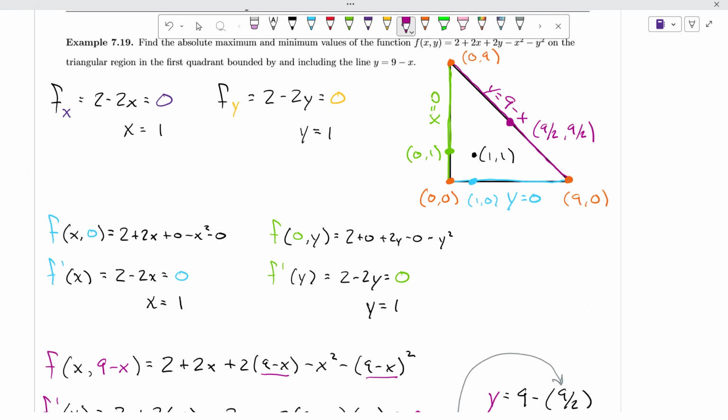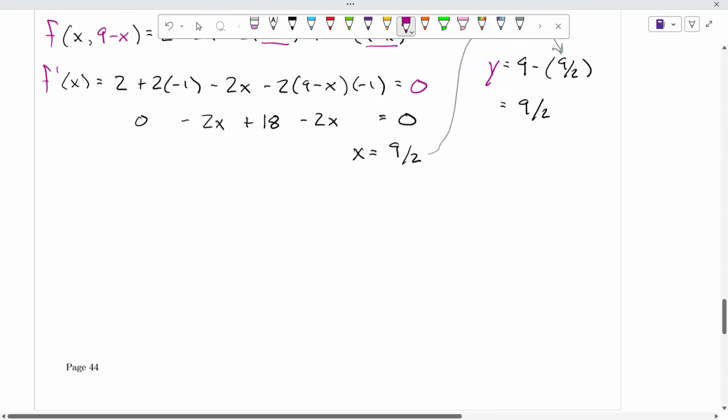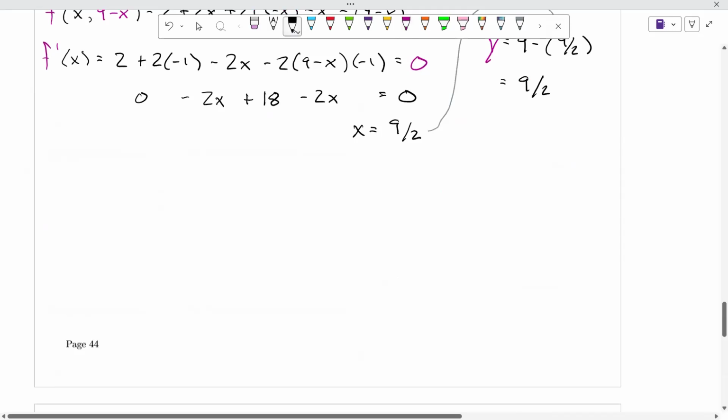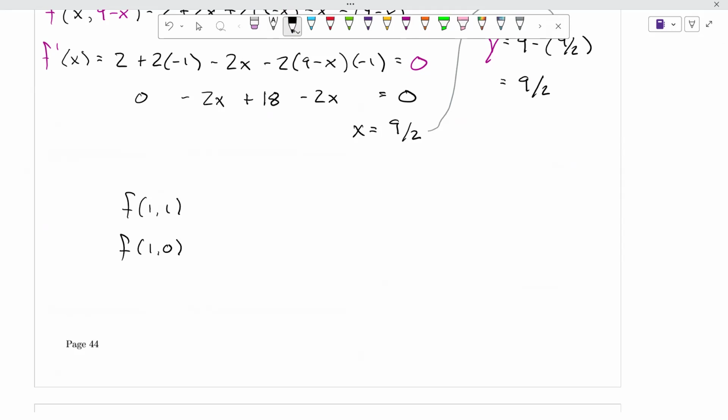Okay, from here, what do we want to start doing? I have, count them, 1, 2, 3, 4, 5, 6, 7 test points. So I'm just gonna start plugging them all in and hoping for the best. Those points were 1, 1, 1, 0, 0, 1, and 9/2, 9/2.